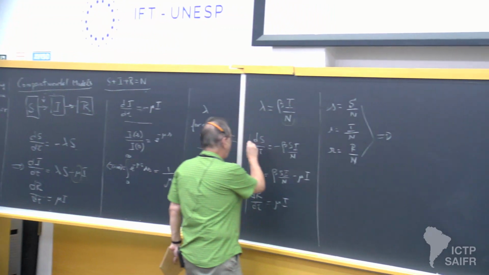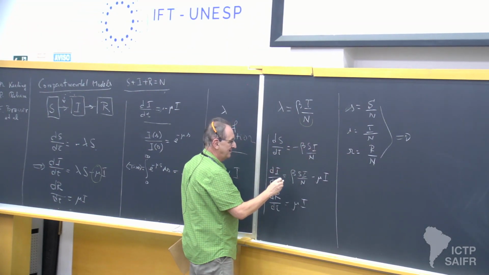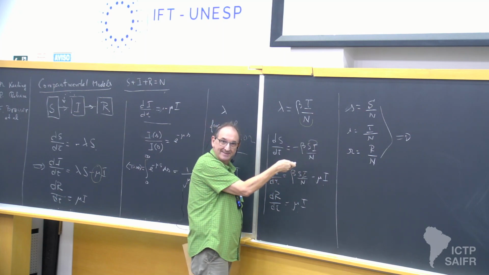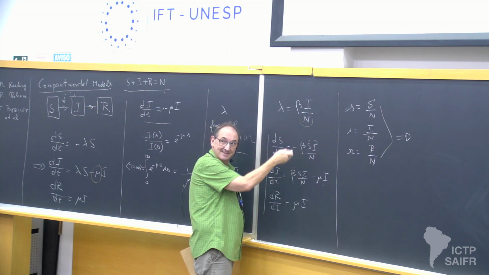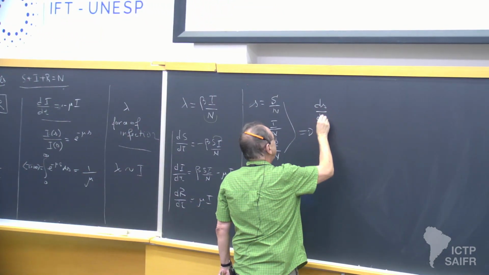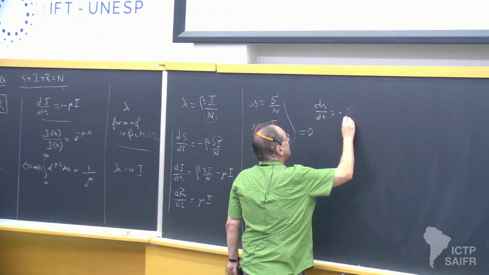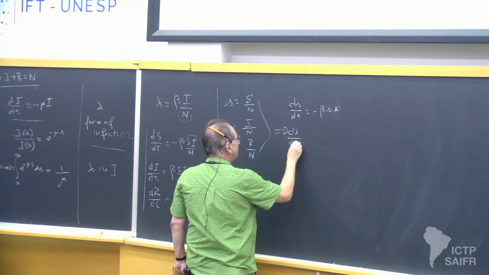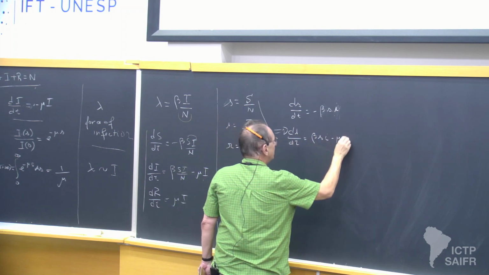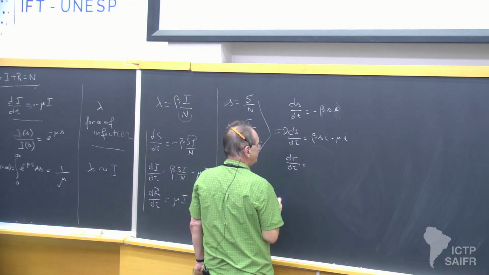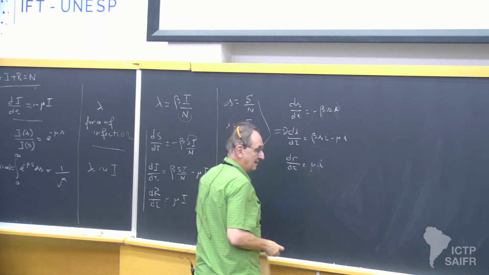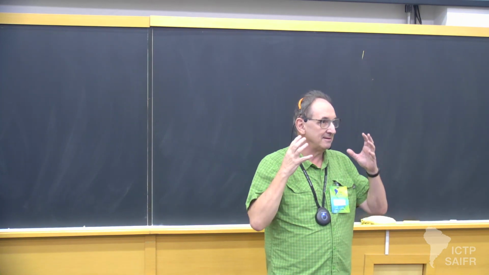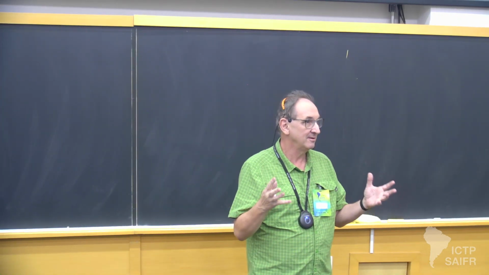You will have an N here, an N squared here, an N here, an N here, N squared, but you have an N here that makes it linear in N, and another one that cancels, and therefore you will get an equation that depends only on the fractions. It does not depend on N anymore.